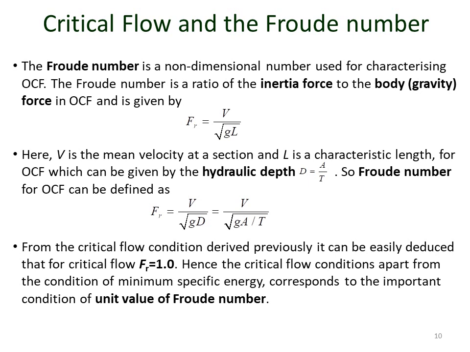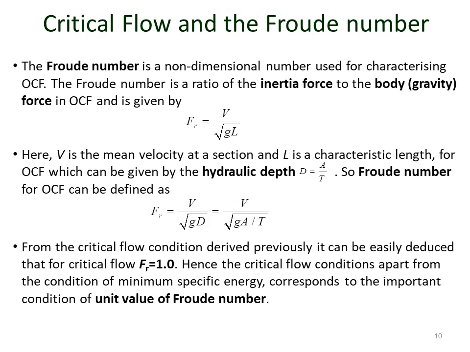So we have discussed the Froude number before. Let's recapitulate that in the context of critical flow again. Froude number, as we know, is a non-dimensional number, just like the other famous numbers in the context of fluid mechanics or open channel flow.